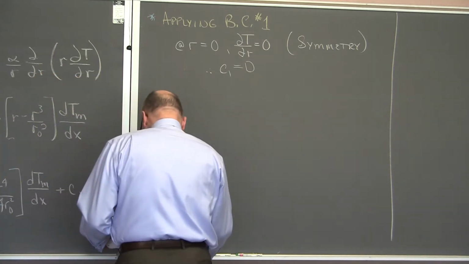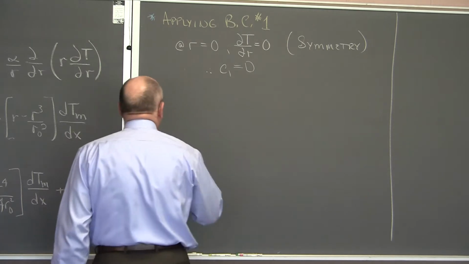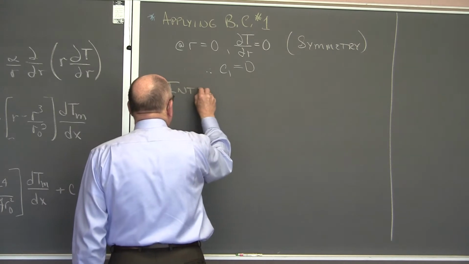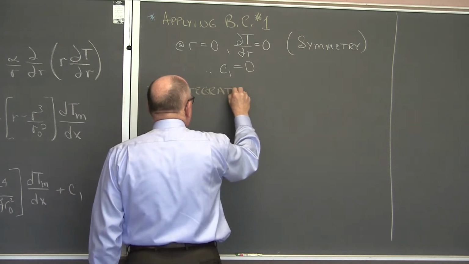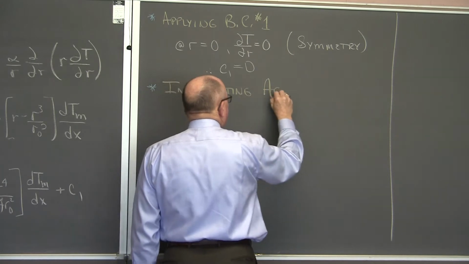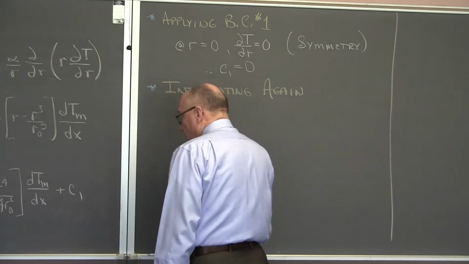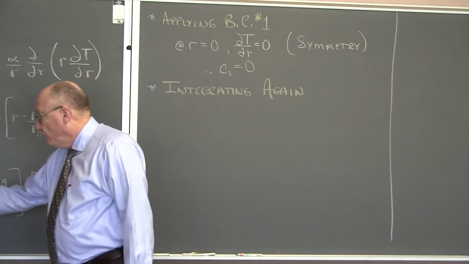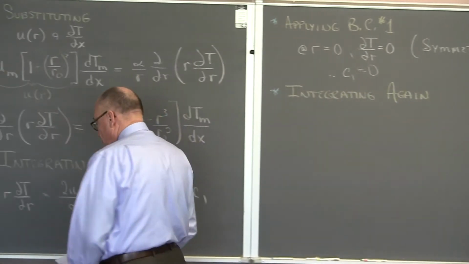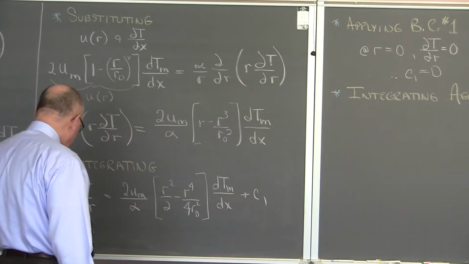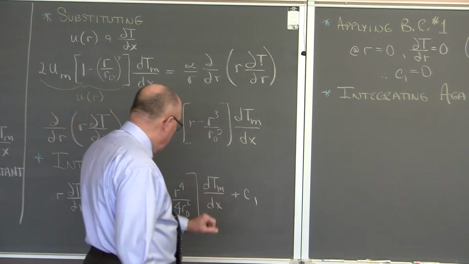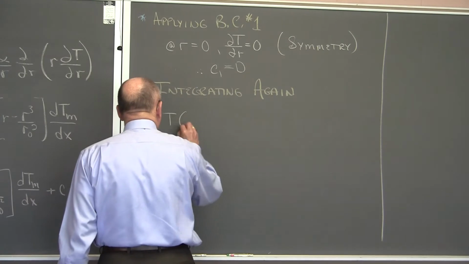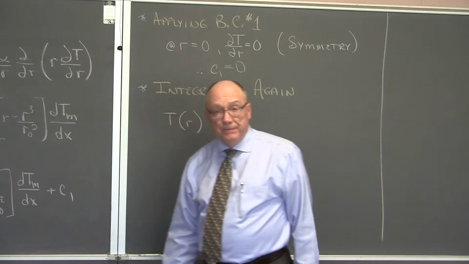All right? So now let's integrate again. All right, so we have this term remaining with this. I'm going to divide both sides by r, and then I'm going to integrate the change of temperature, and this is going to be brought over here, and we'll integrate that side with respect to r. So on the left side of the equation, we'll have T, a function of r.